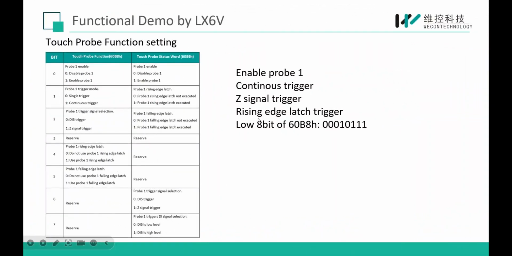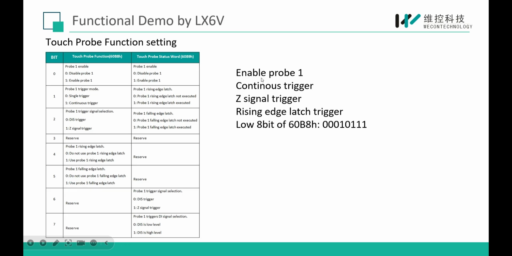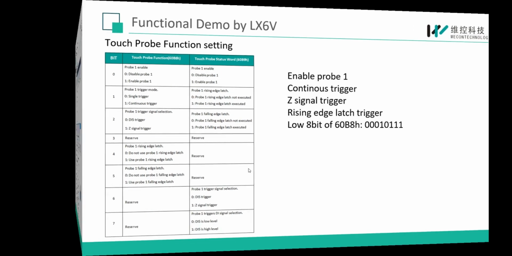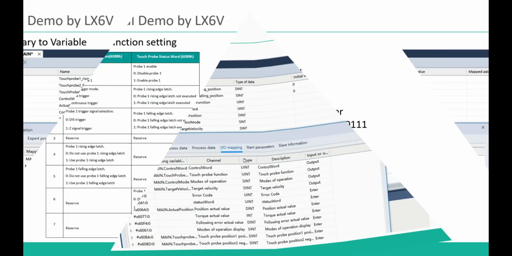So here I use the rising edge. It means with this setting, every time the driver detects the Z signal of the motor, the position will be recorded in this address, touch probe position 1 positive position.